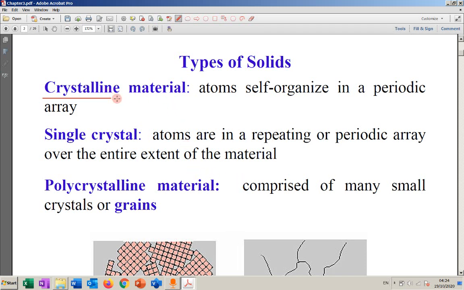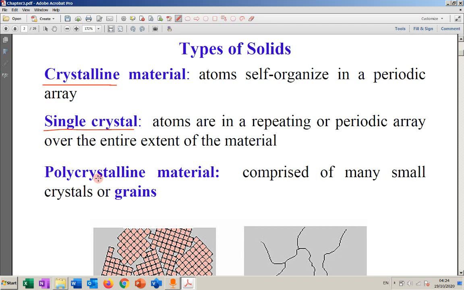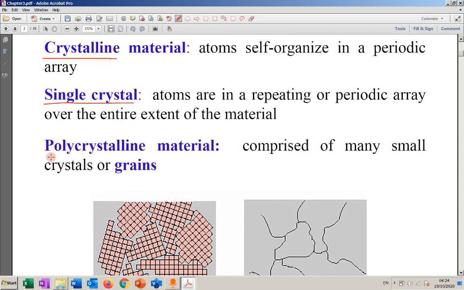Now beside crystalline, there are other terms that we will have. Single crystal means that, now before single crystal I have to explain polycrystalline, then I'll come back to single crystalline. Now polycrystalline, poly means multi-crystalline. This happens in many metals, or most of the time we have polycrystalline.